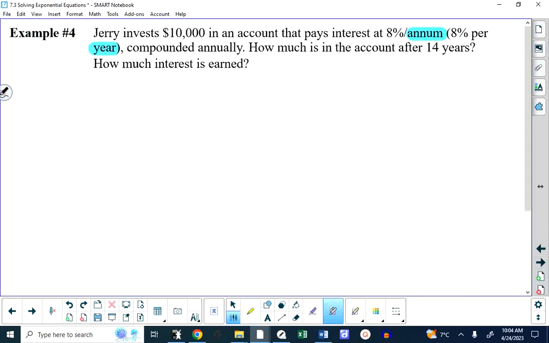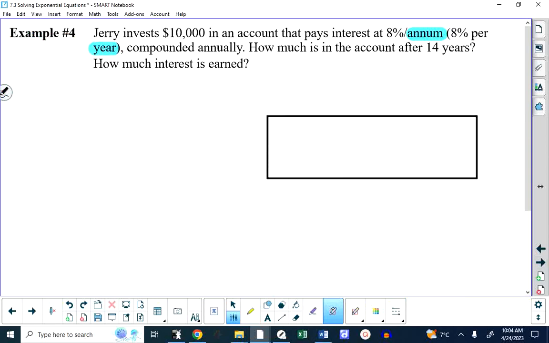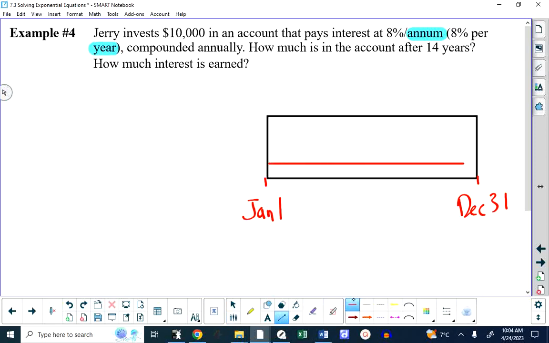What it means is if this represents 1 year, and this is January 1st, and this is December 31st, you put your money in the account, and that money stays in the account at the value that you had invested, and then on the last day, it goes up. And you earn a certain percentage of the whole amount. And the percentage is 8%.